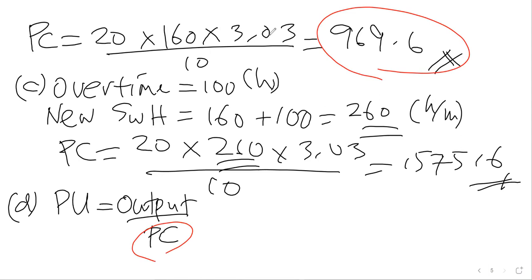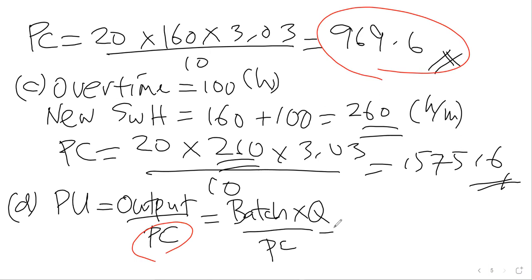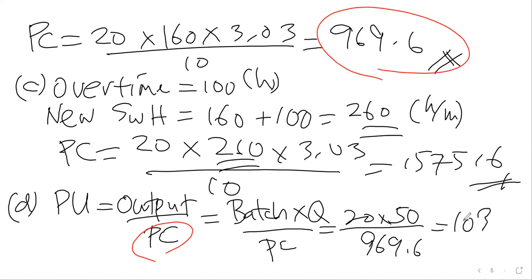Because the product runs by batch, you have 20 batches multiplied by quantity 50 divided by 969.6, you get 103.1%. So that is the plant utilization for this factory, this process operation.